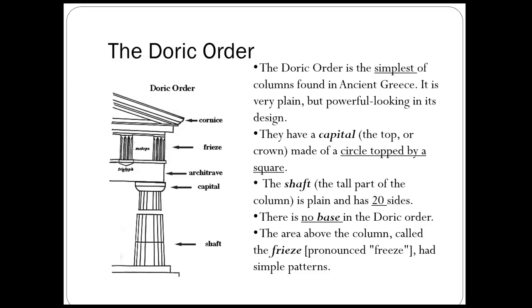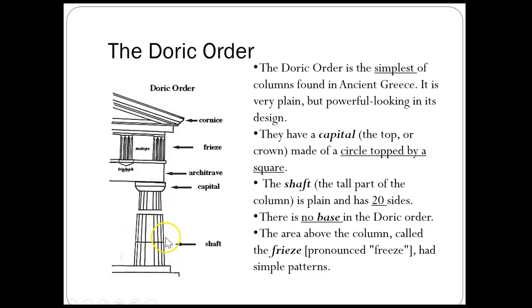If you want something kind of clean and plain looking because you don't like a bunch of fluff, then this is the column for you. They have a capital, so the capital is going to be the top of each of these. The capital in the Doric type is a circle topped by a square. So circle right here, topped by this slice, which is a square.